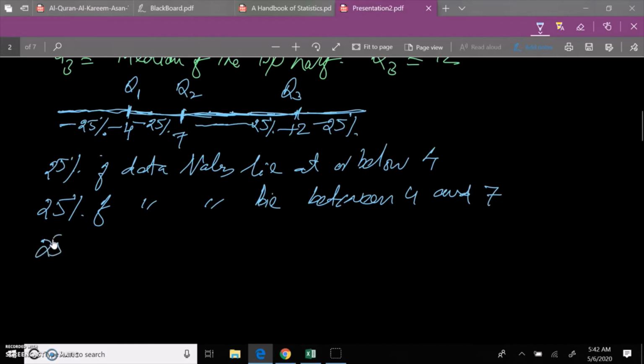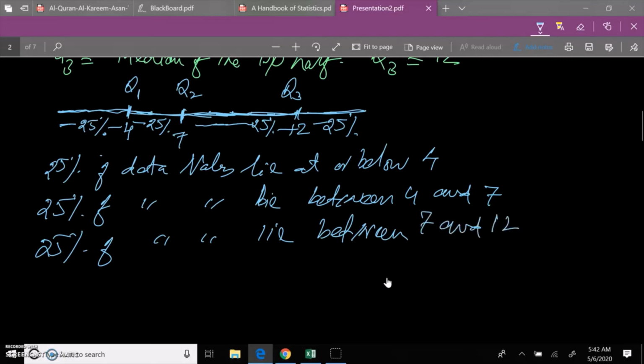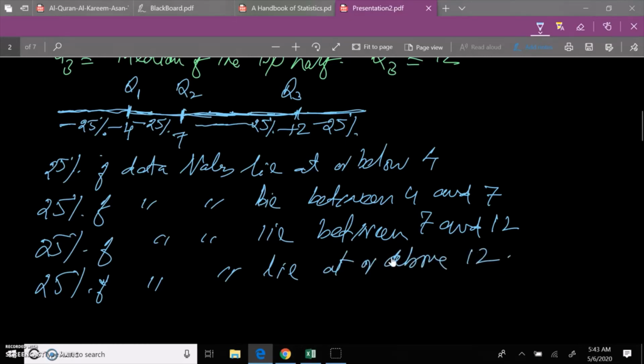Again, 25% of our data values lie between 7 and 12. And finally, 25% of our data values lie at or above 12. So that's the interpretation of the three quartiles, right?